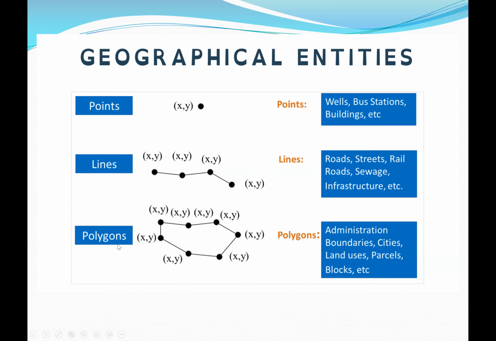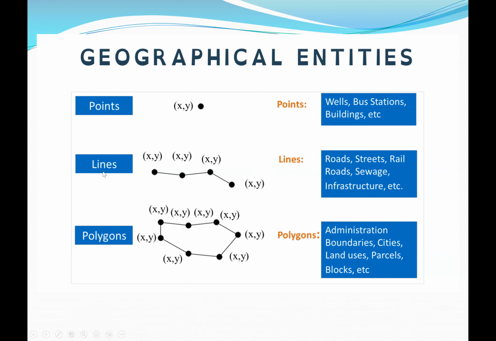Now, a polygon can be an area or a region. So we can see in the diagram, we have a polygon of an area. For example, administrative boundaries can be a city or land uses, parcels, blocks, or even a country, a state, etc. So again, points can be a specific location, such as a hospital or a bus stop.